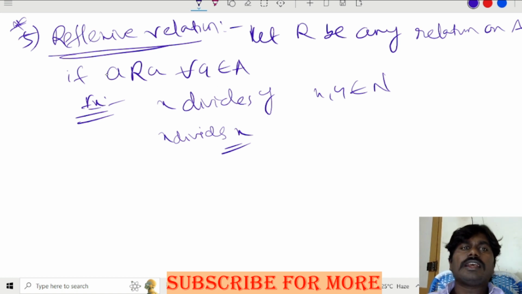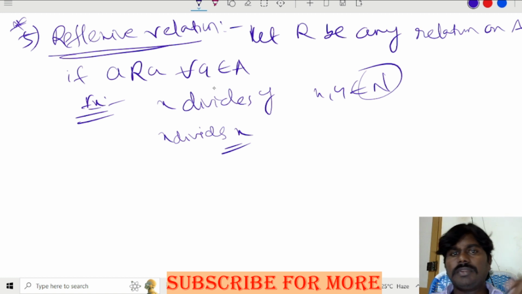So this divides relation is a reflexive relation on the natural number system. Okay, so if you can't understand, I will give one more example.